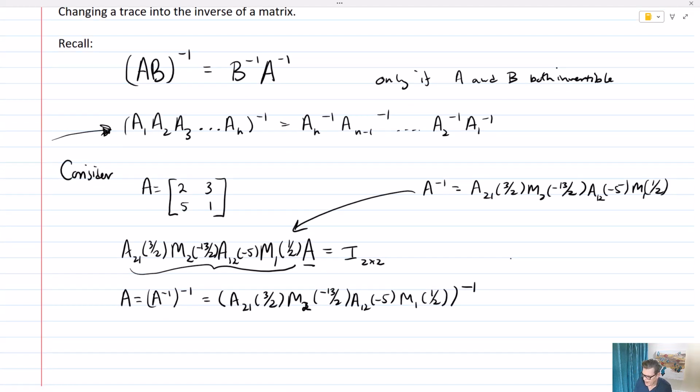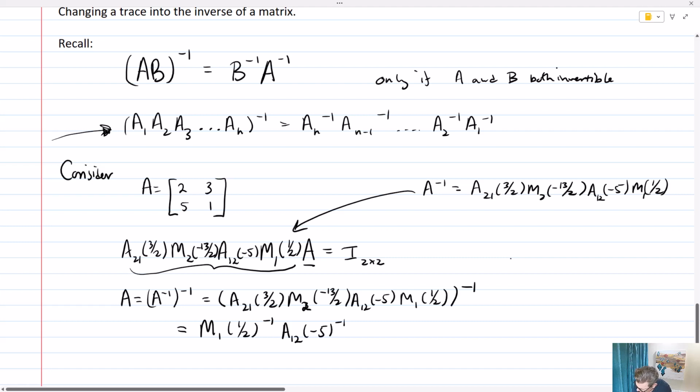Remember that the inverse of a product of matrices is just the product of the inverses in reverse order. So that means that A is going to equal M1 1/2 inverse, A12 negative 5 inverse, M2 negative 13 over 2 inverse, A21 3/2 inverse.